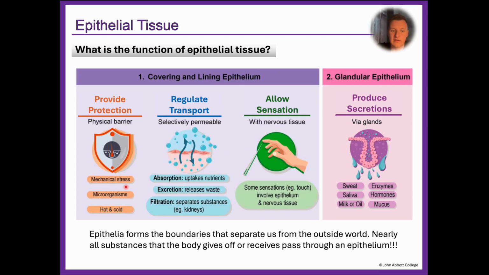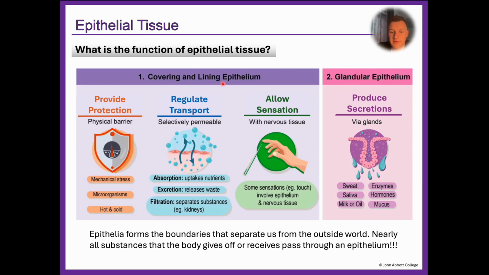Bacteria could get in, so microorganisms could get in, right? It could actually harm our body if it's too deep, right? It protects us from hot and cold also, right? So our skin, for instance, it contains all of our body heat inside. And if we get too hot, it allows us to sweat it out. If it's too cold, it keeps heat in, right? So it actually is a physical barrier.